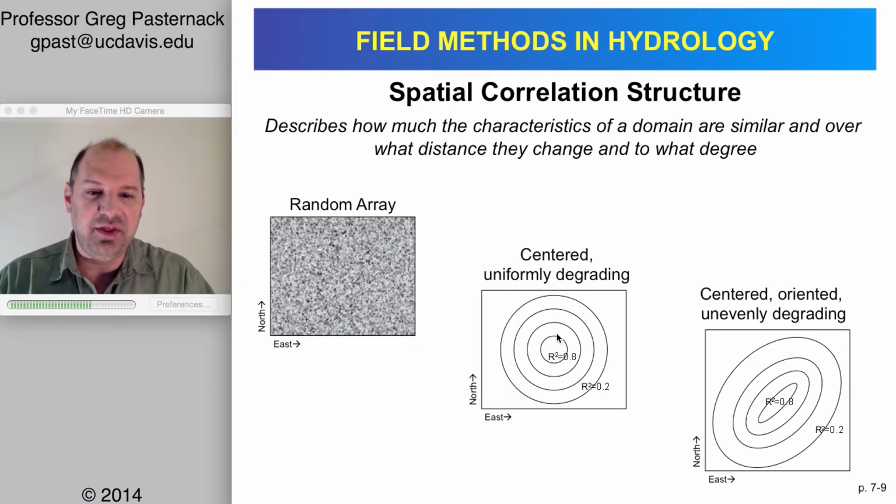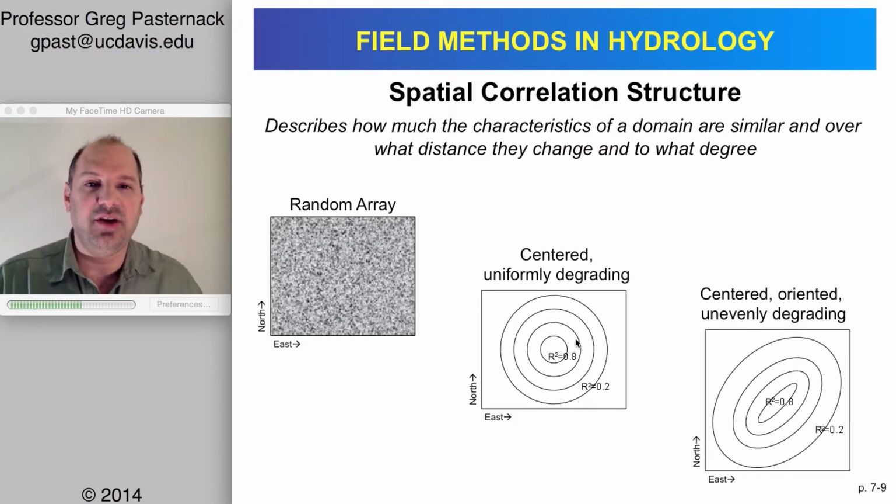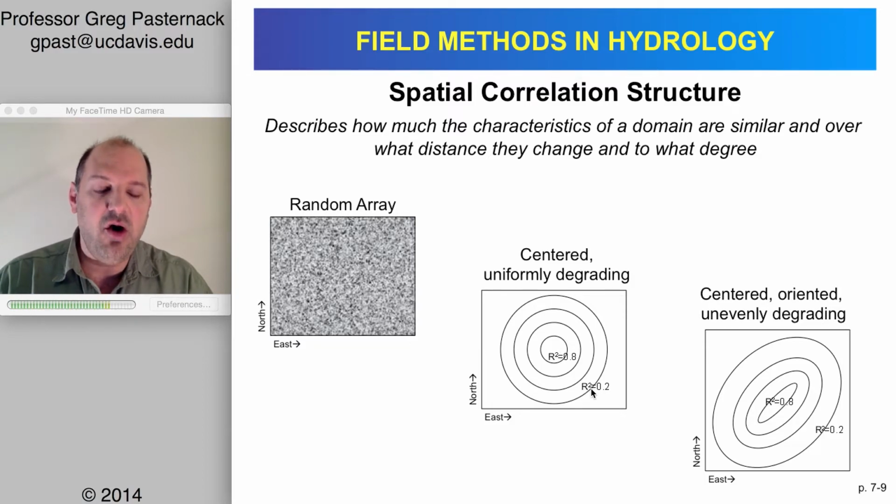And so what a correlation structure shows is, centered on any arbitrary point within your domain, if I move a little bit away from it, how similar or different am I? Different is indicated by having a low r-squared value. So this circular correlation structure is telling us that as I move away, no matter what direction I move in, I'm getting a little bit more different as I go away.